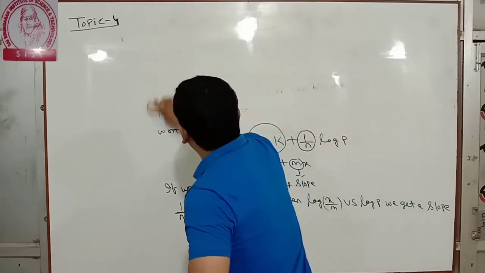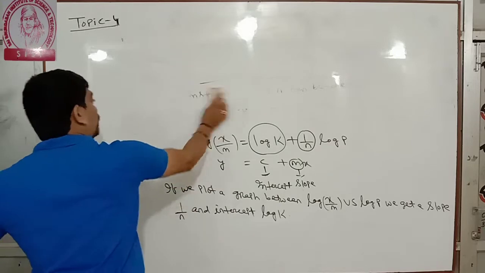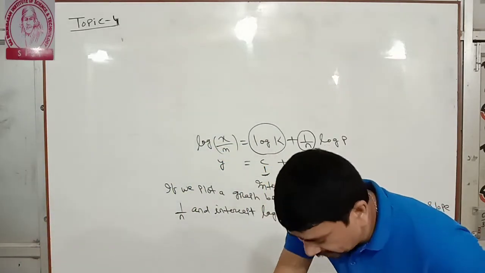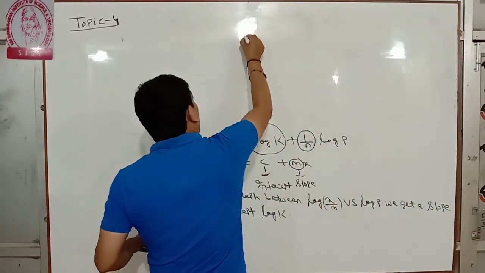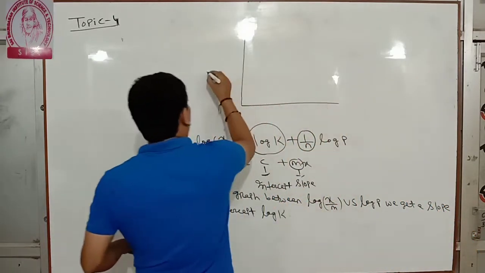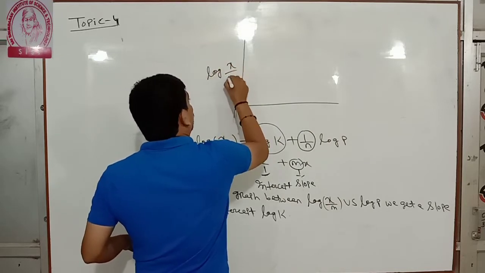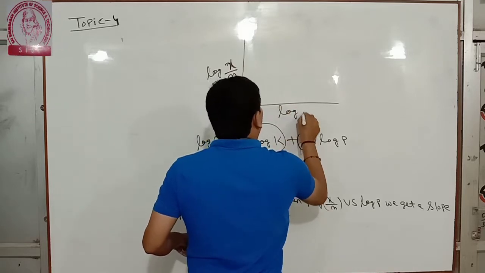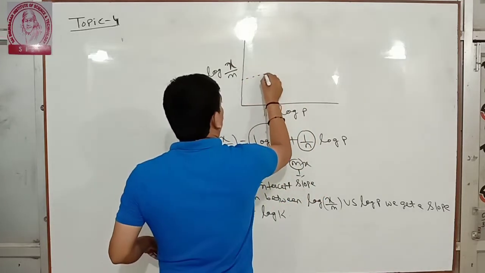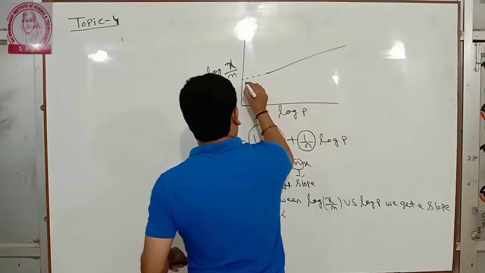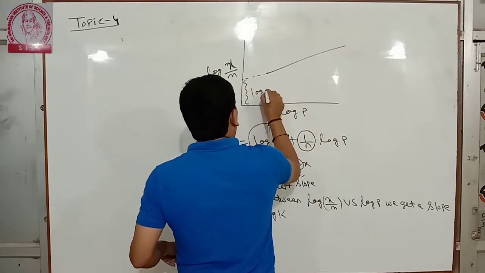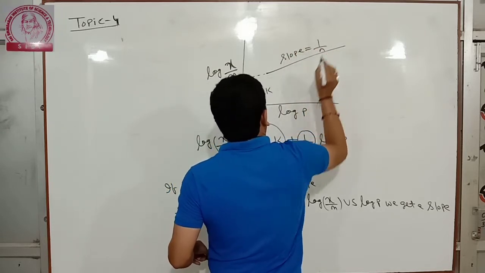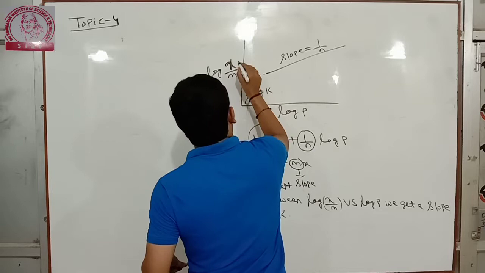So if we plot this graph, log x by m versus log p, this is the slope, and this is the intercept log k. Slope equal to 1 by n. So we have to plot this graph.